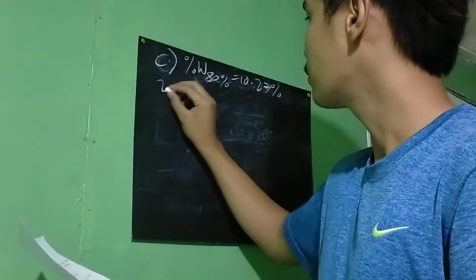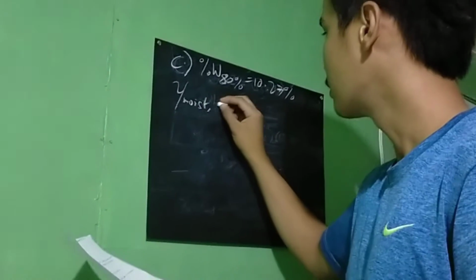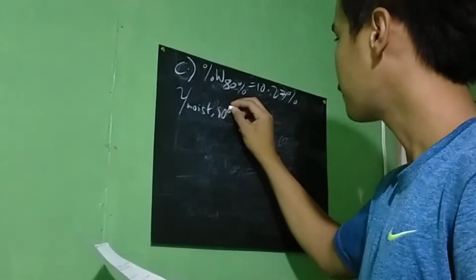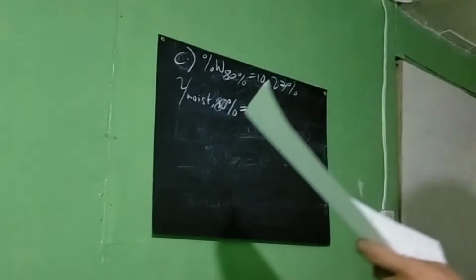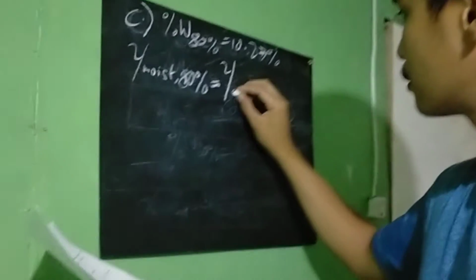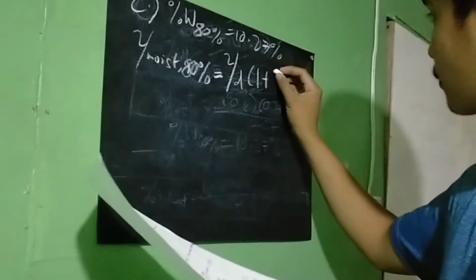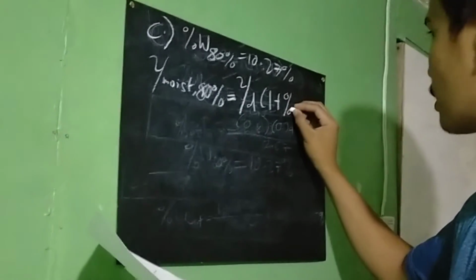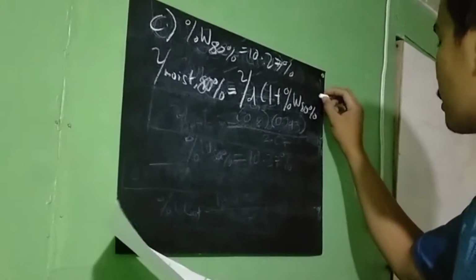moisture unit weight at 80% saturation. 80% is equal to the gamma, which is also the formula, times 1 plus the percent W at 80%.